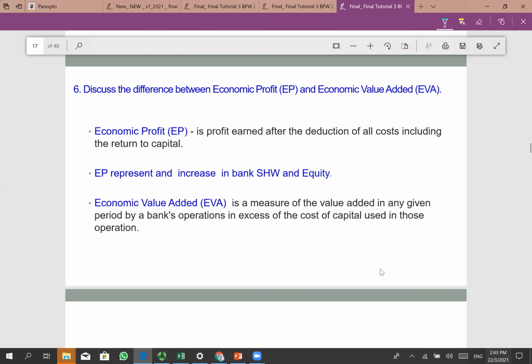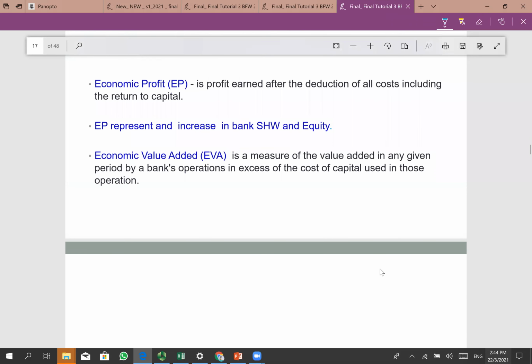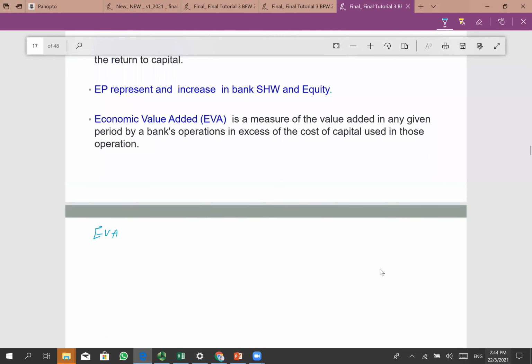Okay, now number 6, discuss the difference between economic profit. To talk about economic profit, whether we are talking about the EVA or the RORAC, the concept is like this.